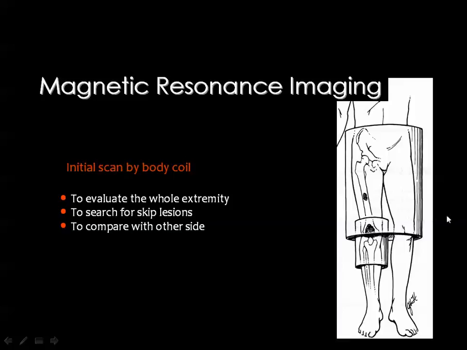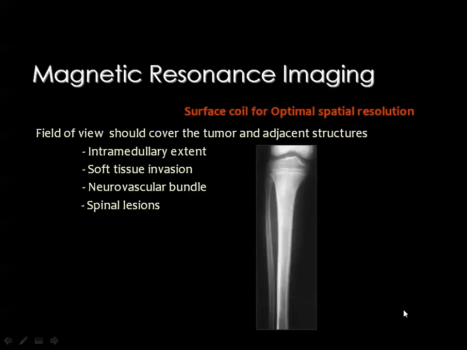But before this, you should screen the whole of the side, looking for skip lesions, for example. It's recommended also to look at the opposite side to facilitate comparing both femora to each other. Then you should have both sides together, and you should examine the side as a whole. Then you focus on the tumor.